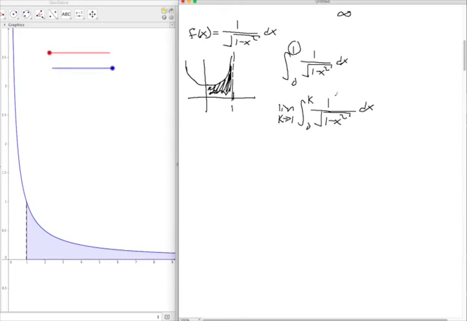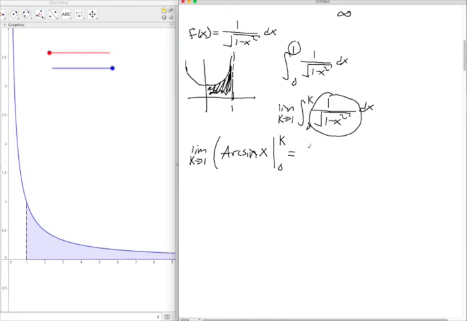Alright, so I'm hoping you remembered what the antiderivative of this was. The antiderivative becomes the limit as k approaches 1 of, did you figure it out? Arc sine of x evaluated from 0 to k.